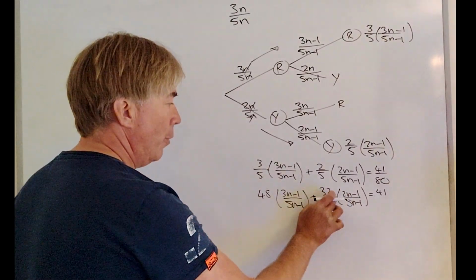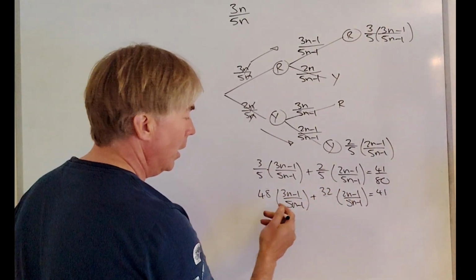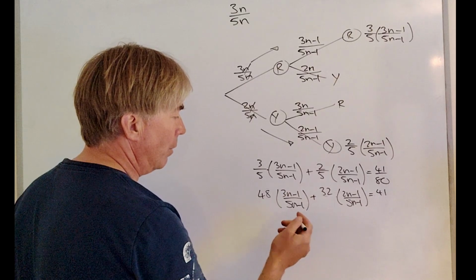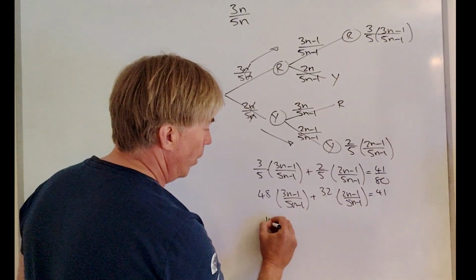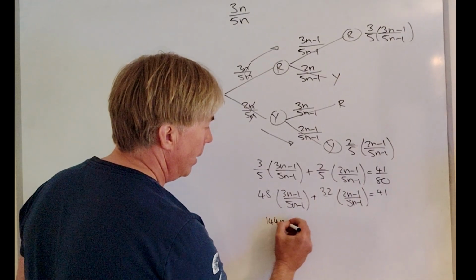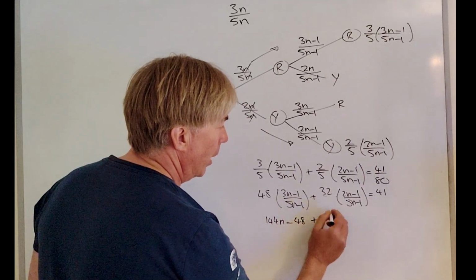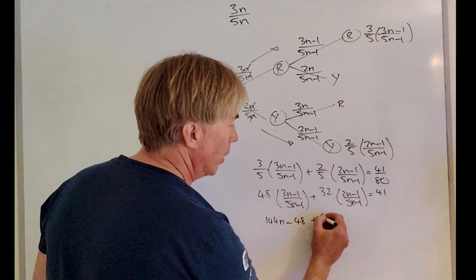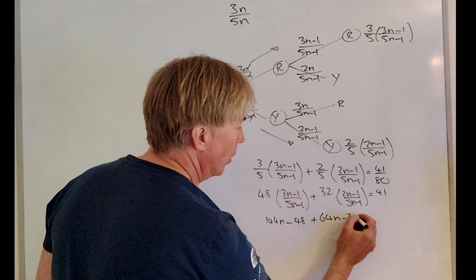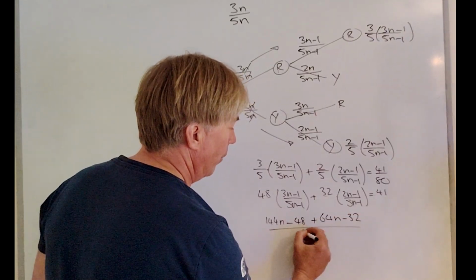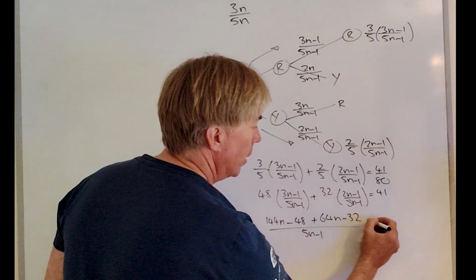I'm going to multiply through. 48 times 3 is 50 times 3 is 150 minus 6. So it's 144n minus 48, plus, multiplying 32, 64n minus 32, all of that over 5n minus 1 equals 41.